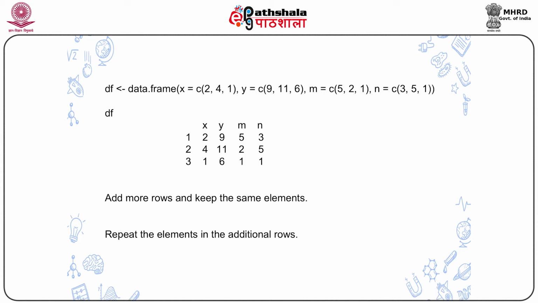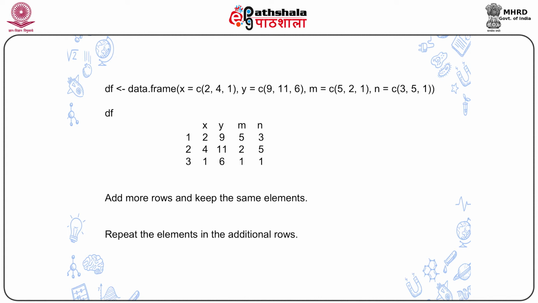Now, suppose df is a data frame which contains the elements x, y, m and n, where x is 2, 4, 1, y is 9, 11, 6, m is 5, 2, 1 and n is 3, 5, 1. So, here is our data frame which is called df.